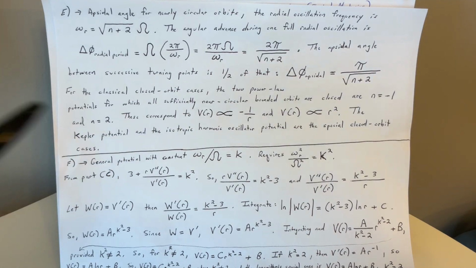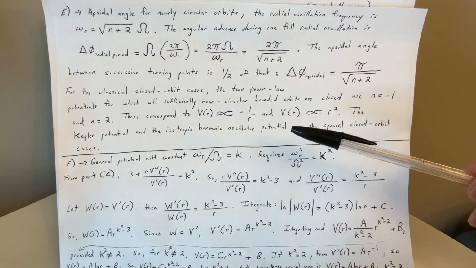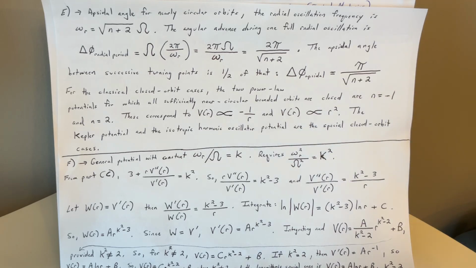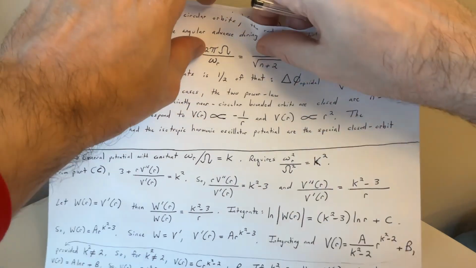These correspond to V of r proportional to negative 1 over r, and V of r proportional to r squared. So we could say the Kepler potential and the isotropic harmonic oscillator potential are the special closed orbit cases. Okay, so that's letter E.